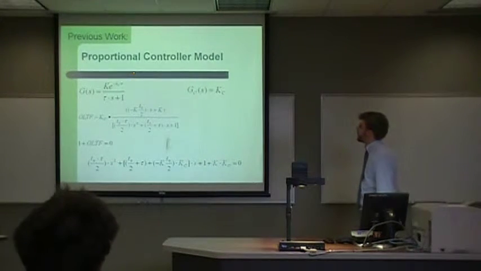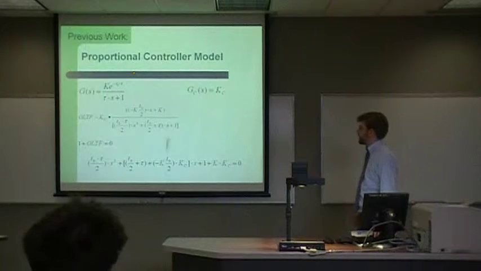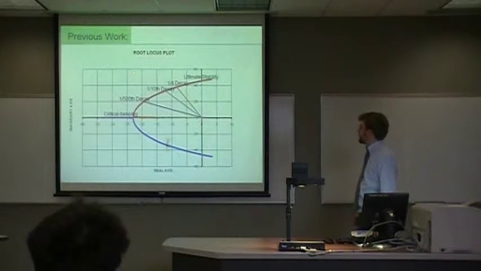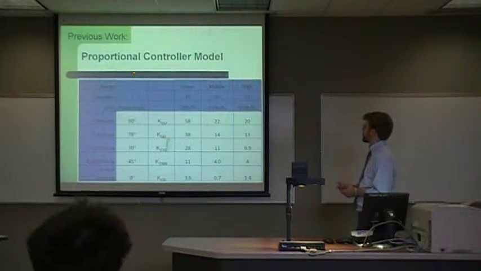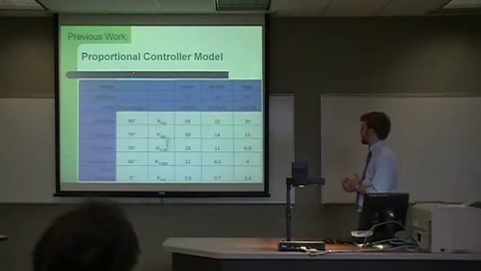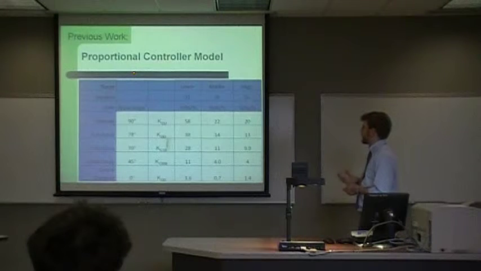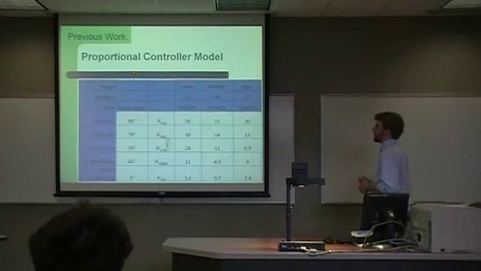The proportional only control model, these are the functions. Here's the root locus plot, just an example of how you find the different decays at the different angles. For our proportional only control model, you see that for the middle and high section, all the KC values were very similar, very close to one another, and the outliers are actually on the lower end.